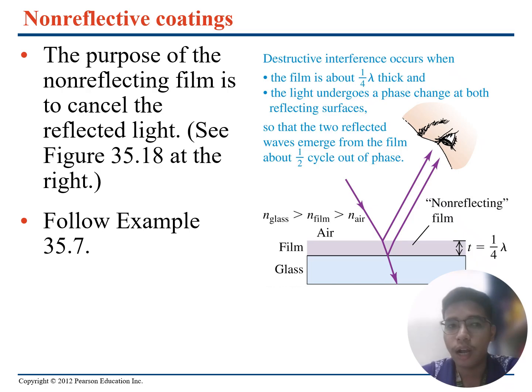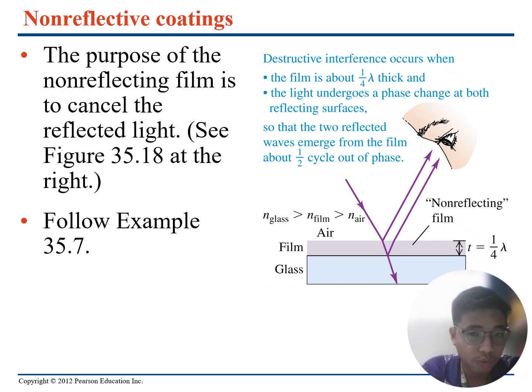When destructive interference occurs, the reflected waves cancel each other, minimizing glare and maximizing the transmission of light through the lens. The thickness of the coating is typically designed to be 1/4 of the wavelength of the target light.